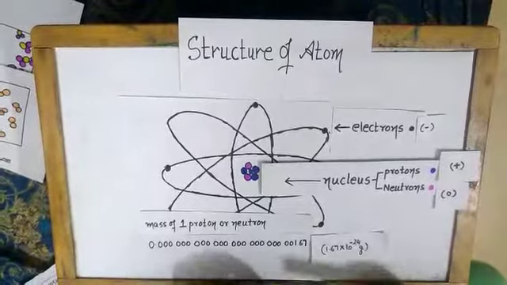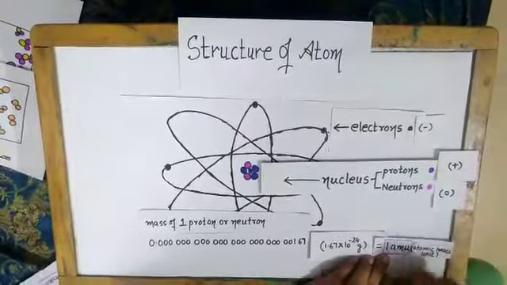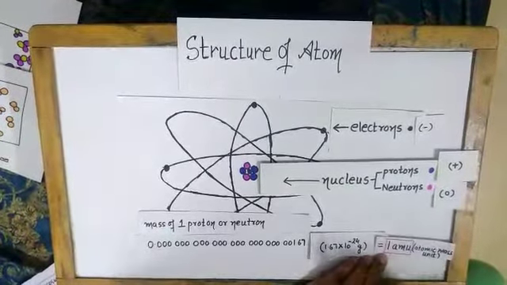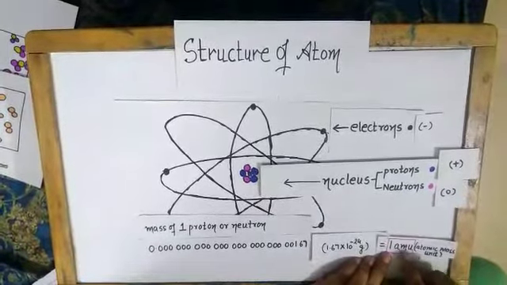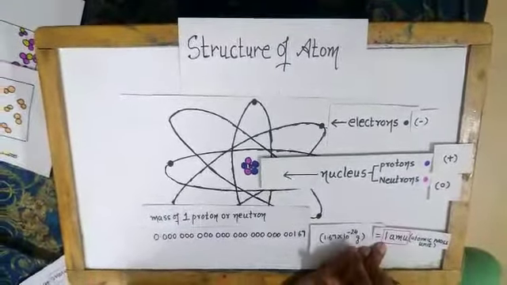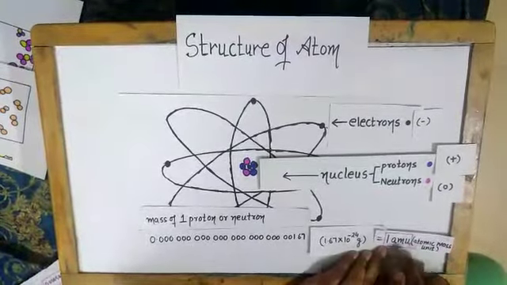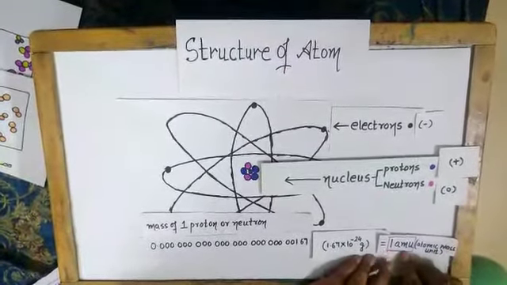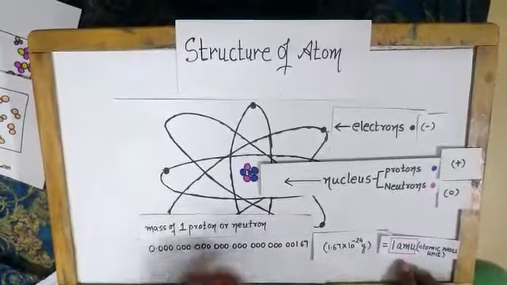To simplify it, we have created one new unit, that is AMU, atomic mass unit. So 1.67 into 10 to the power minus 24 gram is equal to 1 AMU. This is the mass of proton or neutron.